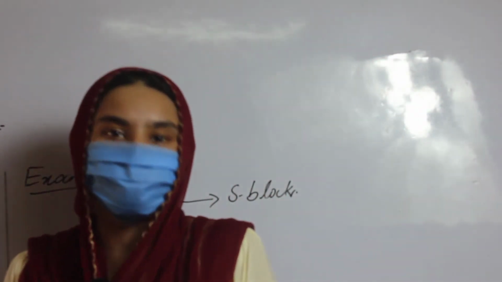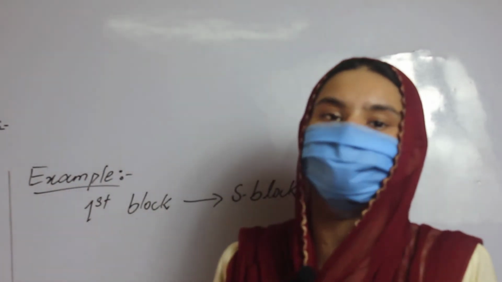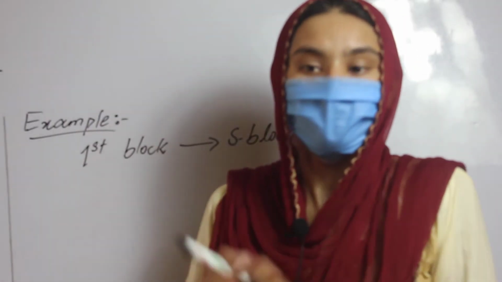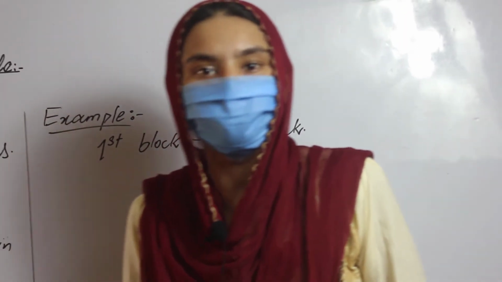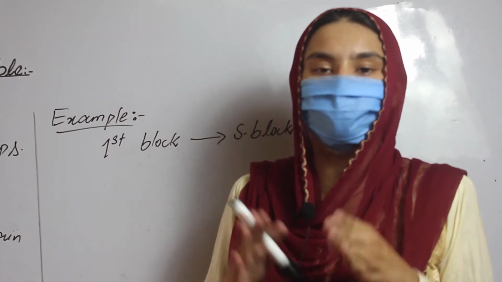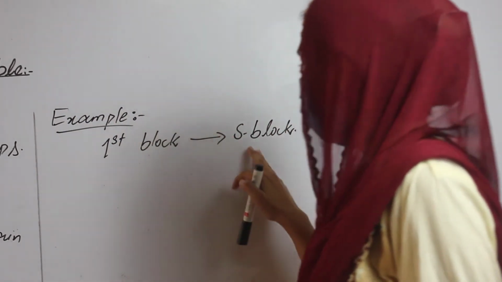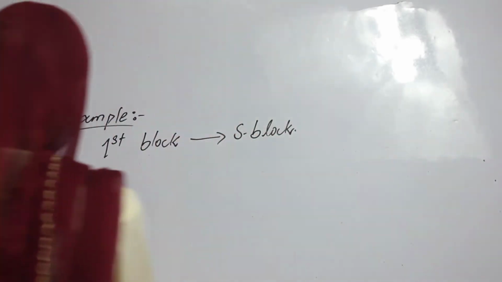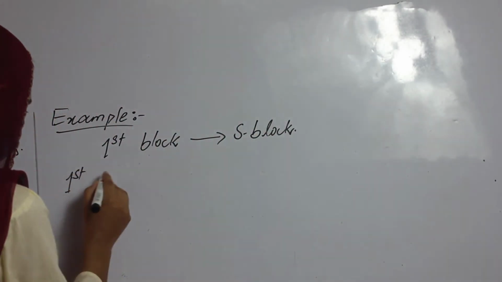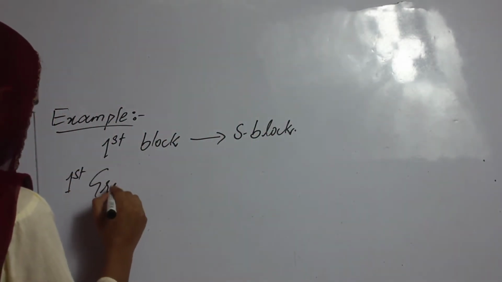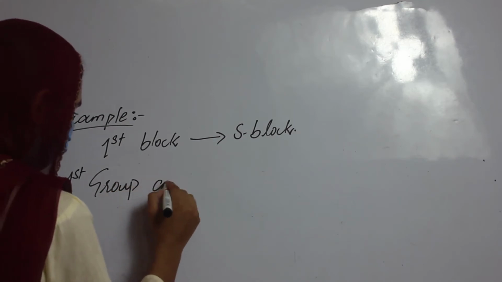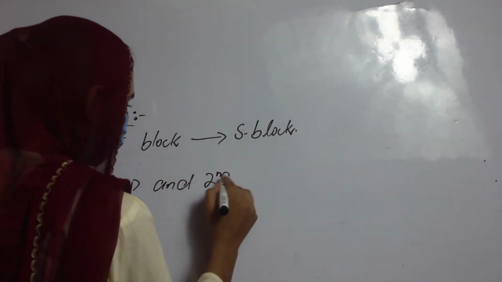The first two groups, the first being the alkali metal group and the second the alkaline earth metal group, both have the S subshell as their valence shell. That's why they are both present in the S block. First group and second group.